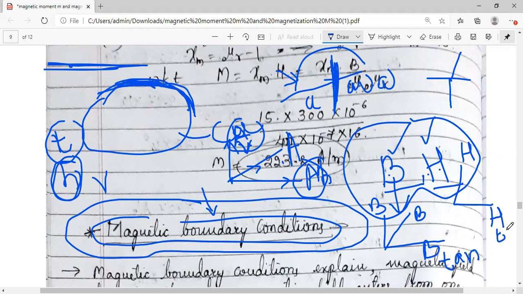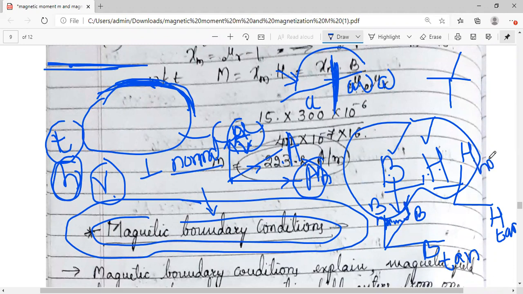So I will write here H tan or B tan. And talking about vertical, in vector analysis we use small v to indicate the vertical component. In case of fields, we generally take either the word perpendicular or normal. Normal indicates this vertical. That's why, instead of V, we use normal, N-O-R-M-A-L.